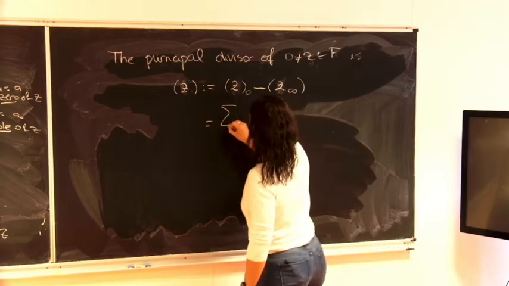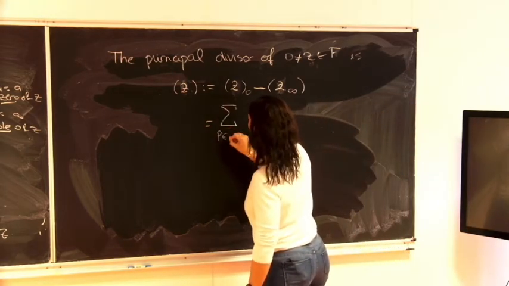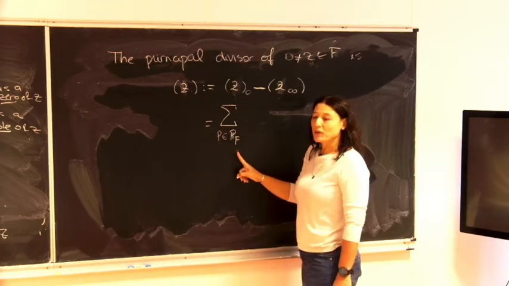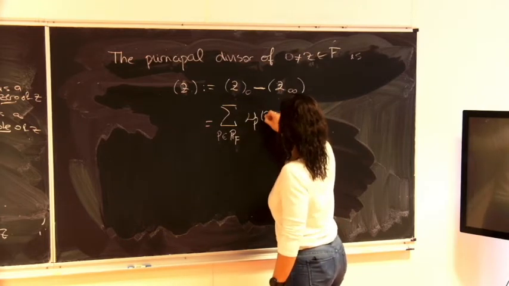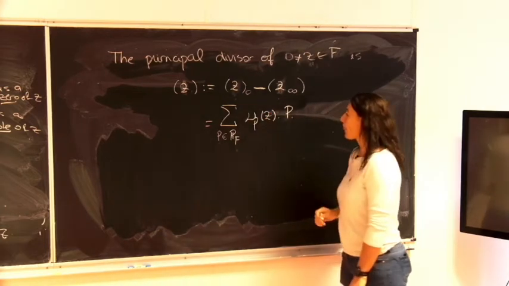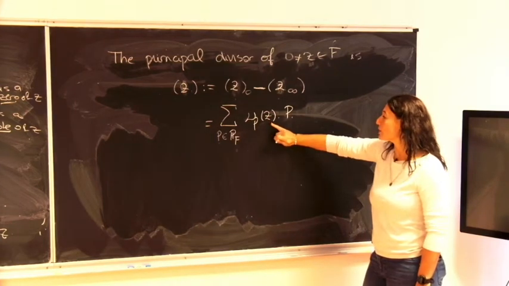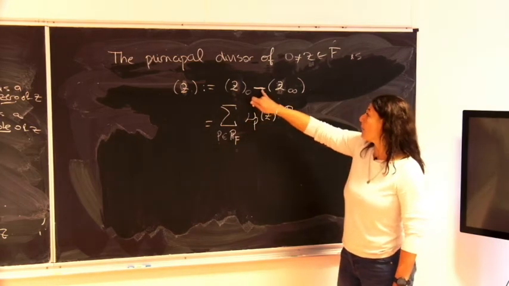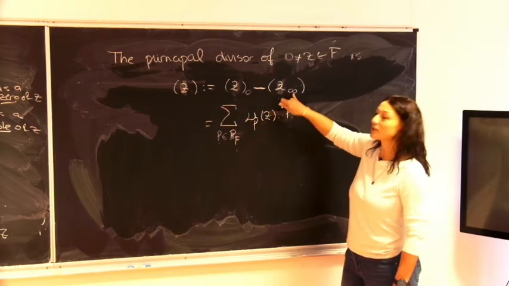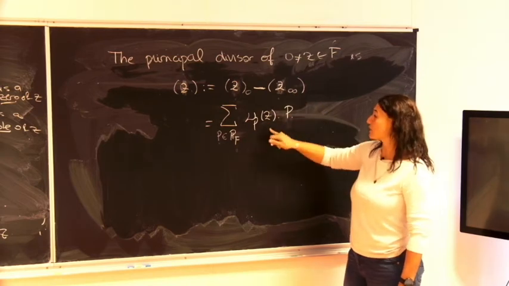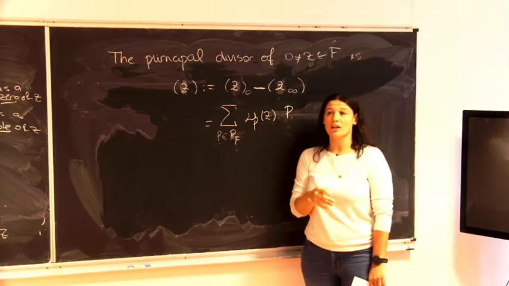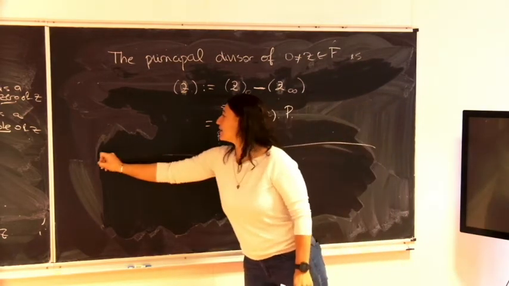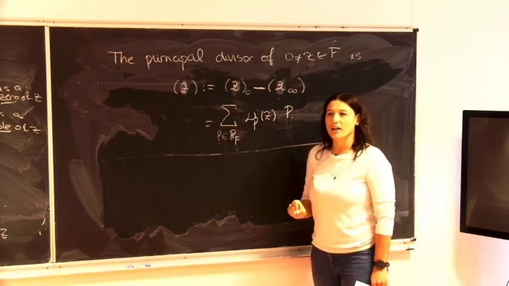This is exactly the same as saying that I take the sum over all the places of the function field of the valuation of the element times the place. Because if it is a zero, the valuation is positive and it is inside here. If it's negative, minus the valuation is here. And if P is not a zero nor a pole, then the valuation is zero. So actually this is the definition of the principal divisor.